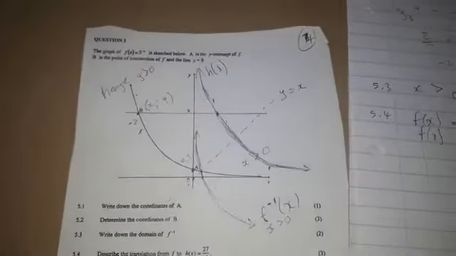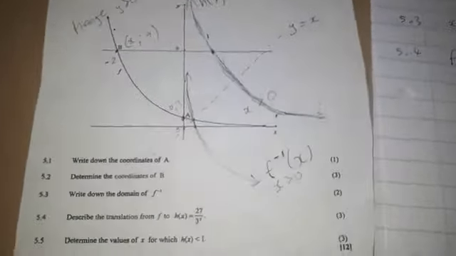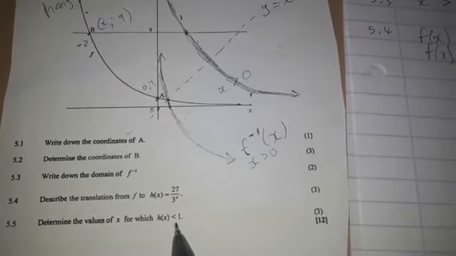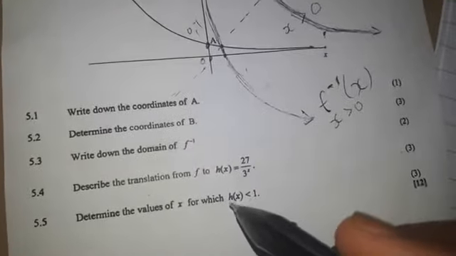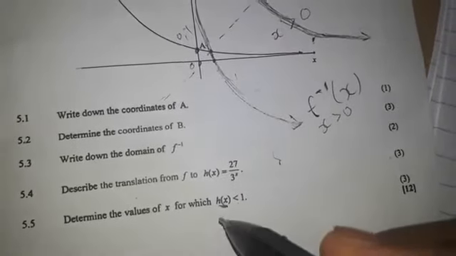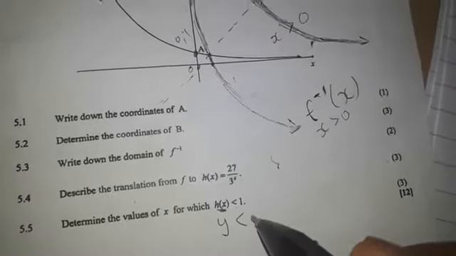Now with this graph of h of x, the big idea is they're asking where is it below 0? No, where is it below 1? So you see here, this is asking where the graph of h is below 1, meaning they're asking about the y values of h. So this question is asking where the y values of h are below 1.